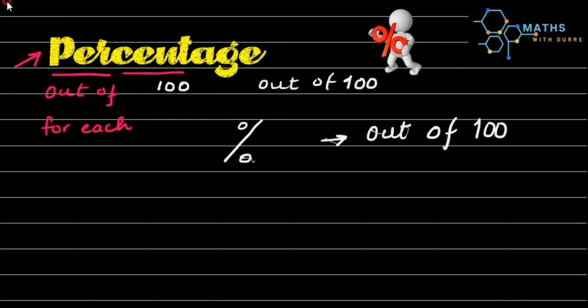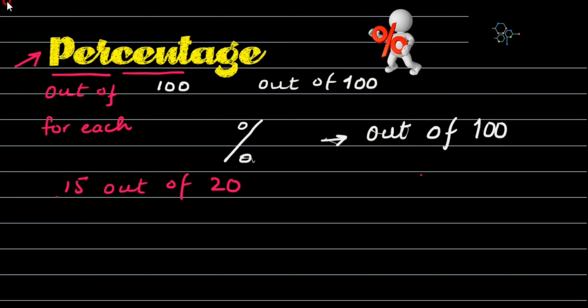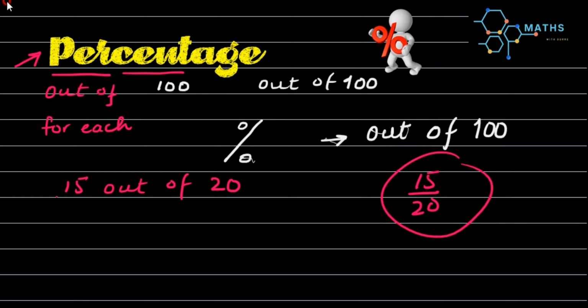Suppose I scored 15 marks out of 20. First step, how can I write it in a fraction form? You can write it in this form. We get marks in our different tests in this form, like 15 over 20, sometimes 25 over 30.